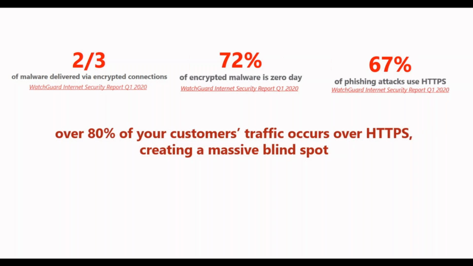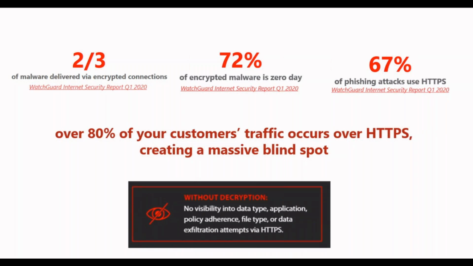So if 80% of the traffic in total is HTTPS, and we don't have a way to decrypt that traffic, take a look at it, and find out if it is a 0-day attack or a phishing attack, we would have a massive blind spot.